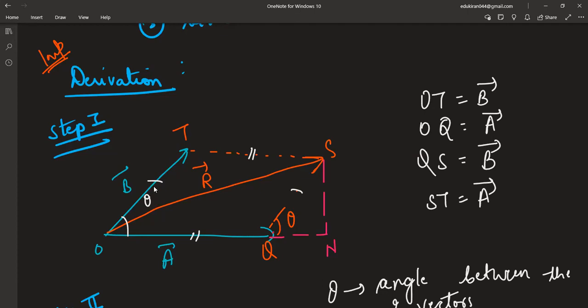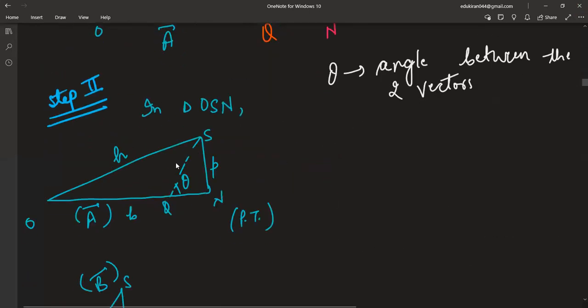Now, class, when we talk about this bigger triangle, OSN, this entire triangle, how can I find the value of this hypotenuse? Let me show you this triangle separately. This is the hypotenuse OS, the resultant, remember?